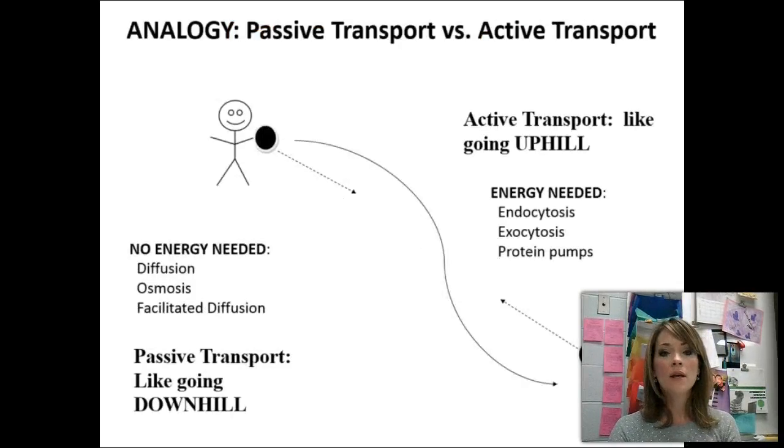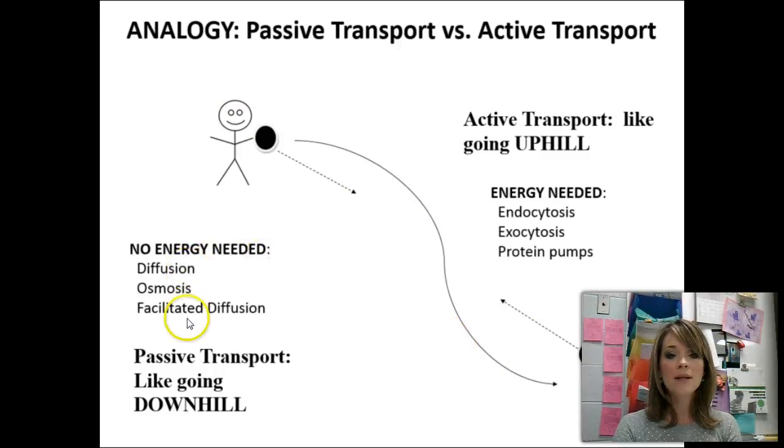And one way to think about the difference between passive and active transport is that passive transport, which we talked about in an earlier screencast, is like going downhill, like rolling a ball downhill. It doesn't require any energy on your part. The ball is going to naturally roll from a high area to a low area, and that's what happens during passive transport.